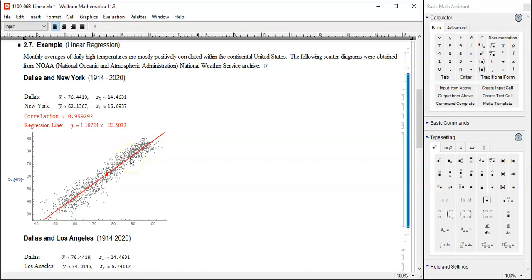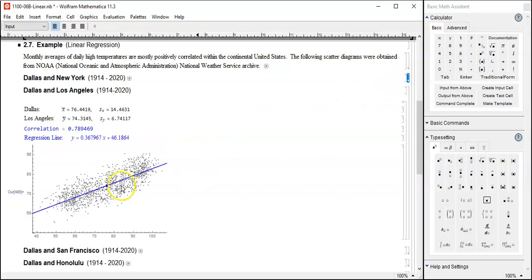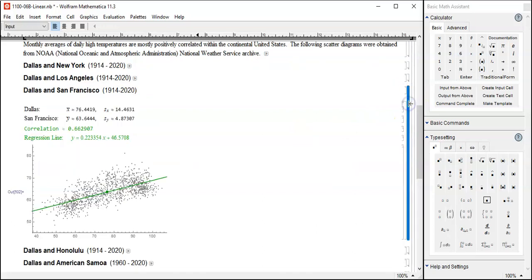And the real monthly average must be some gray point somewhere, going straight up or down. That error is relatively small, and here that error is going to be relatively big because we have a fatter football-shaped oval. And this one is Dallas and San Francisco, and then even fatter here. Still, we have a nice linear pattern.